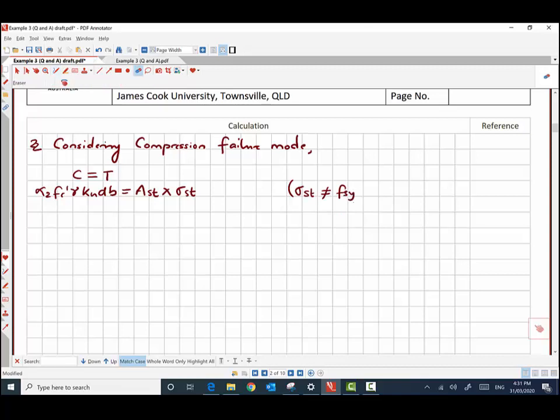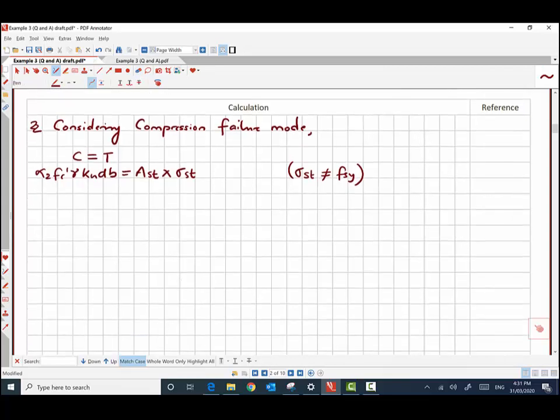So we cannot consider that the steel is yielding. What we do in this case is write the stress in the steel in terms of the strain in the steel. So let's write that. So Ast, we are writing in terms of the strain in the steel using Hooke's law.